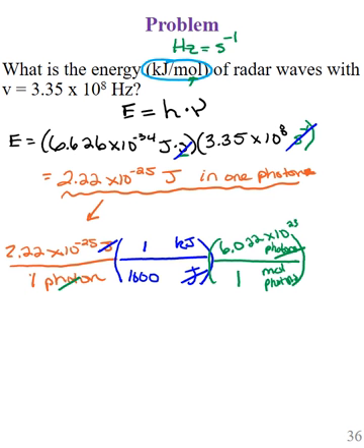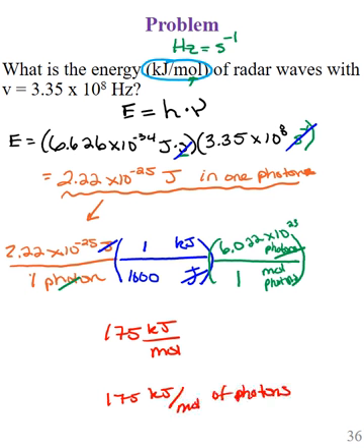Okay, multiply and divide. You should get 175 kilojoules per mole. Now, if you wanted to, you could also say 175 kilojoules per mole of photons. Either way is fine, but you'll see it more commonly written as this.